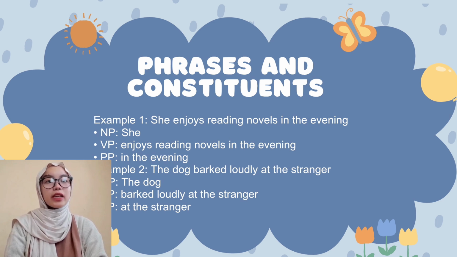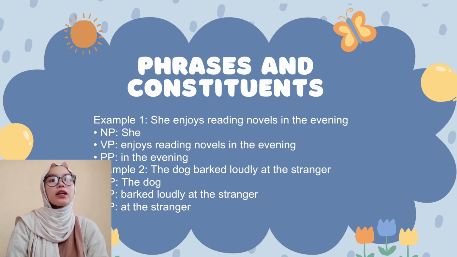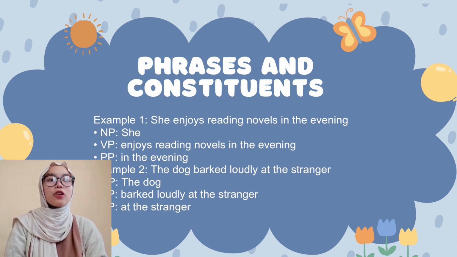And "in the evening" is the prepositional phrase. Another example is "the dog barked loudly at the stranger." "The dog" is the noun phrase, and "barked loudly at the stranger" is the verb phrase. When we break sentences like this, it becomes easier to draw trees and understand the structure.